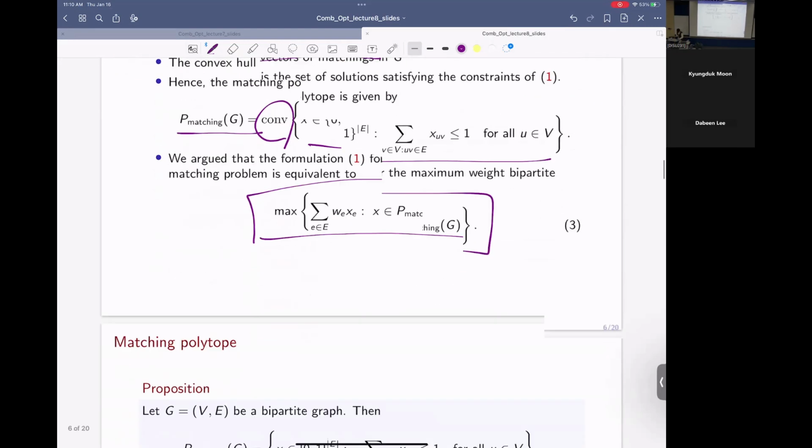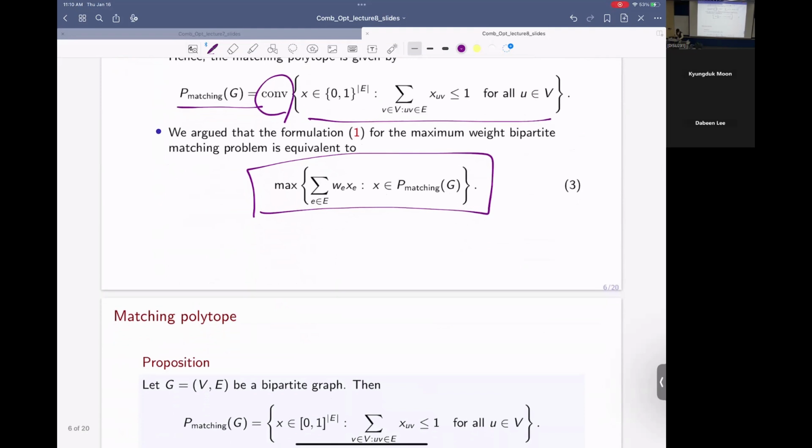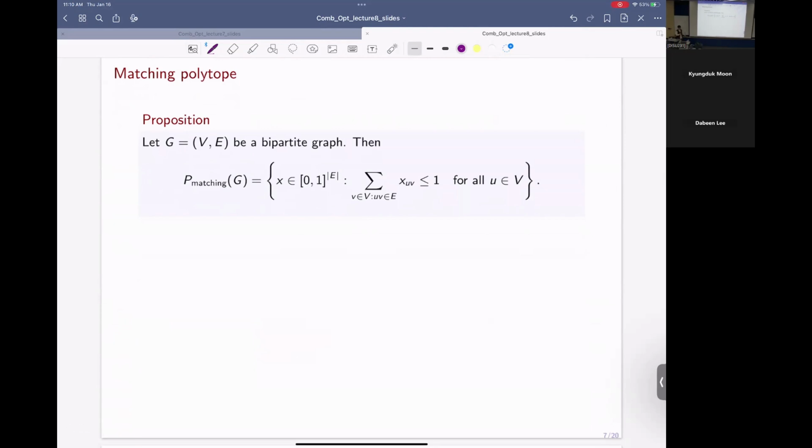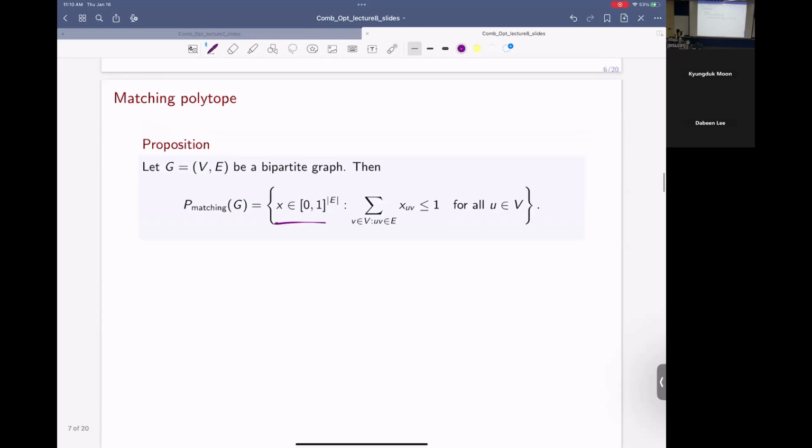And how do you find the matching polytope? Well, what we can prove is that for a bipartite graph, you just replace the binary constraints by x at least 0 and at most 1. Then this gives you the matching polytope for the bipartite graph.